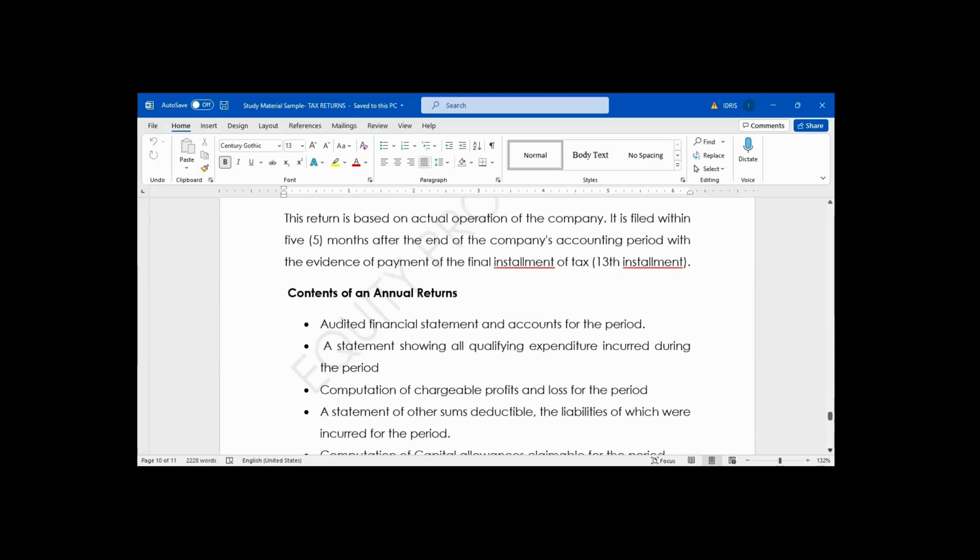That means there will be a tax refund. Or the balance, they can carry forward to the next financial year and use it to reduce their tax in the next financial year.